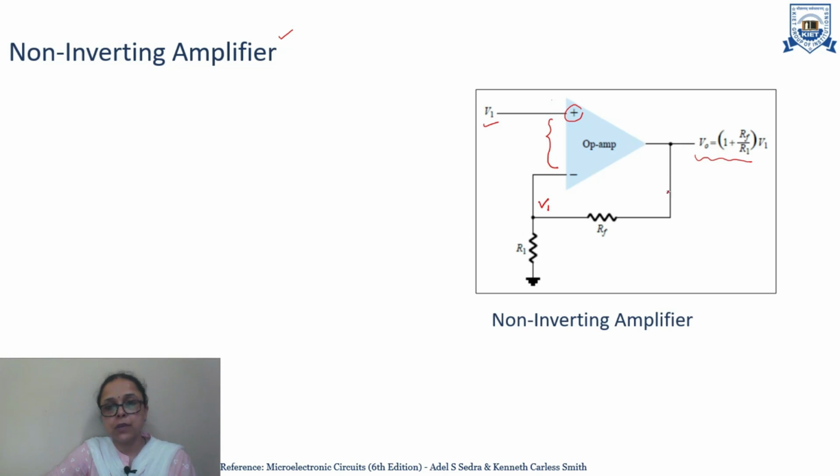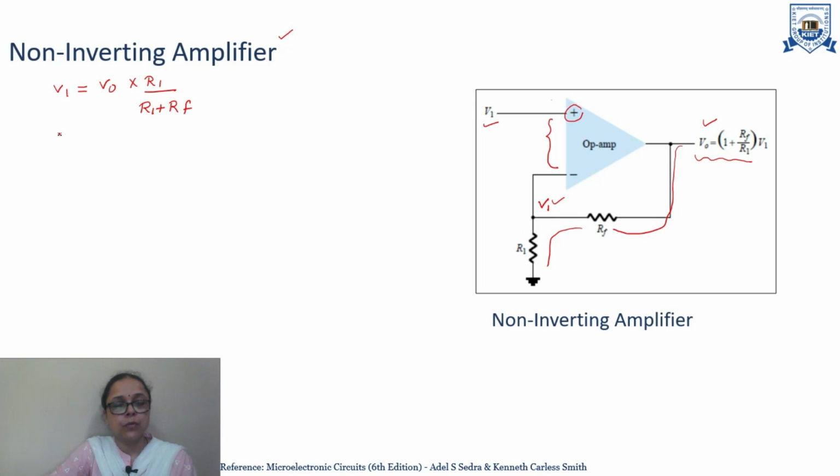So now we can relate the VO and V1 voltages by the voltage divider rule. If we apply the voltage divider rule in this loop, we will get V1 equal to VO multiplied by R1 divided by (R1 plus RF).